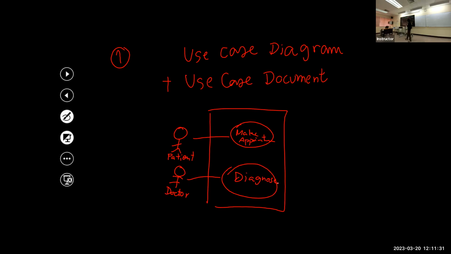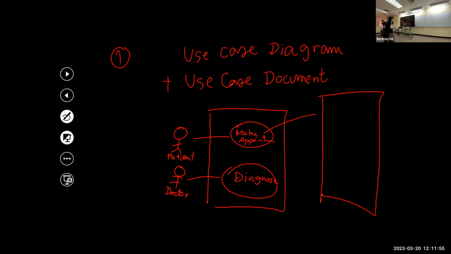Anyway, you may need to elaborate. Remember when we learned about use case documents, such as make appointment, you need a document explaining how make appointment would work. What is the main actor?